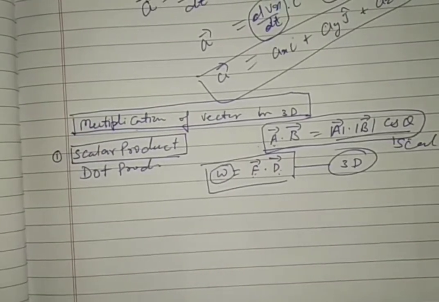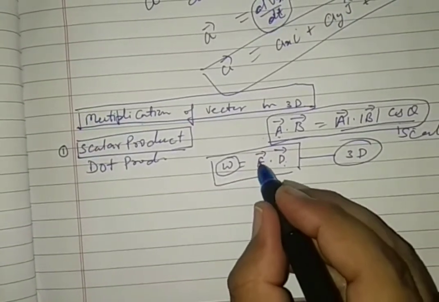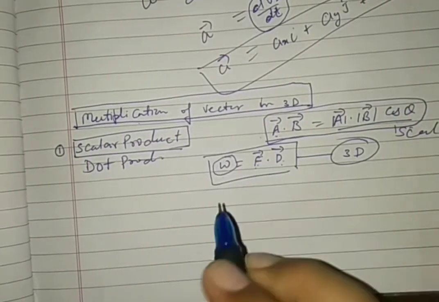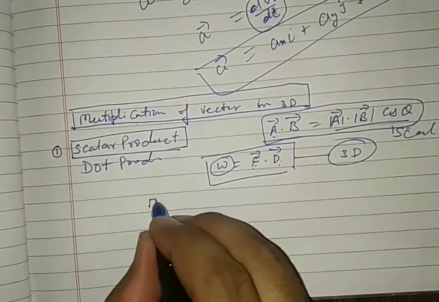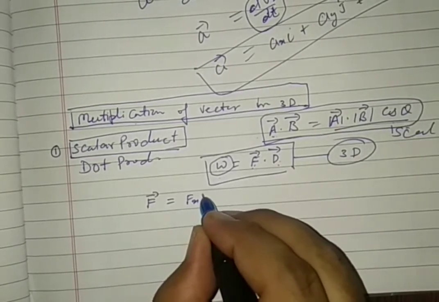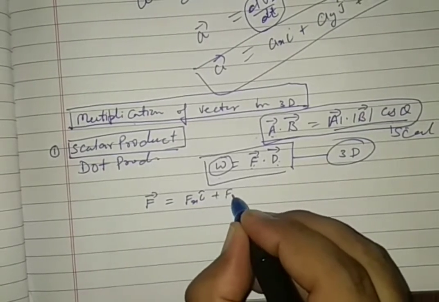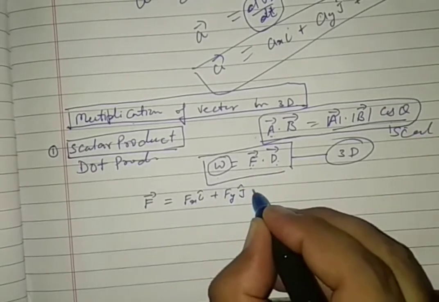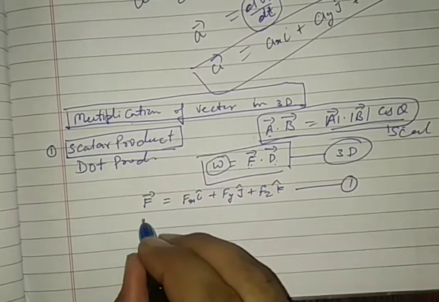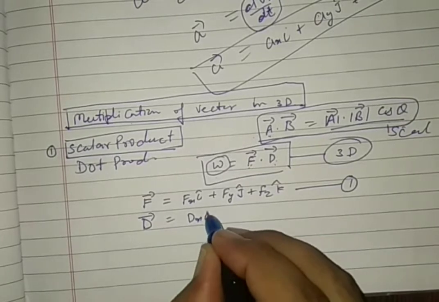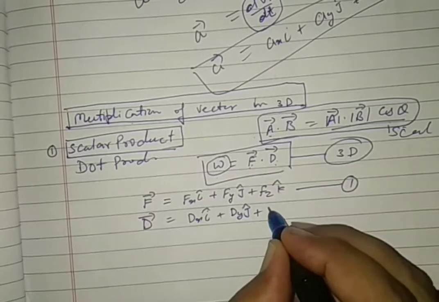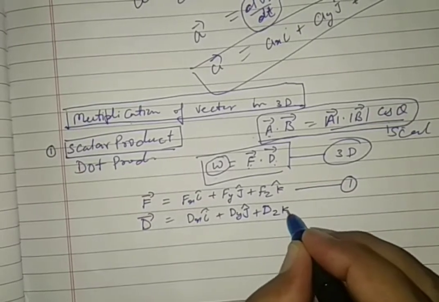Let the force vector in 3 dimensions be represented by fx i plus fy j plus fz k, and the displacement vector d is dx i plus dy j plus dz k.